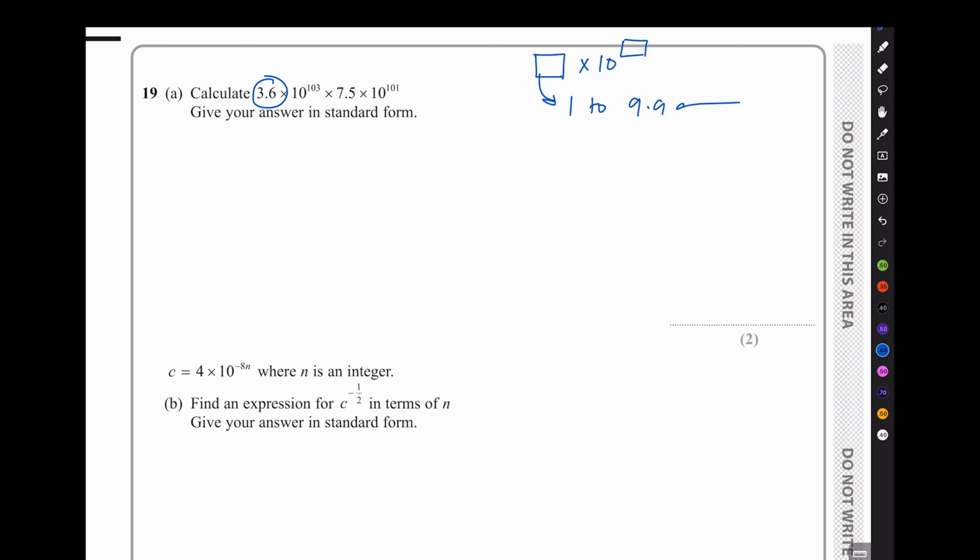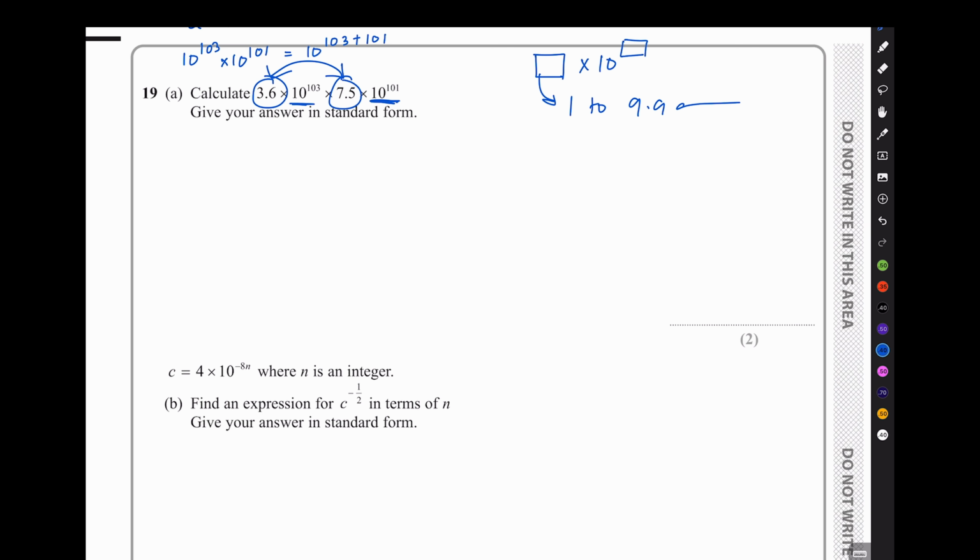Let me take these two and multiply them using my calculator, and then I can combine the powers. We already know the rule: a to the power m times a to the power n is a to the power m plus n, right? So 10 to the power 103 times 10 to the power 101 should be 10 to the power 103 plus 101. Fairly simple.